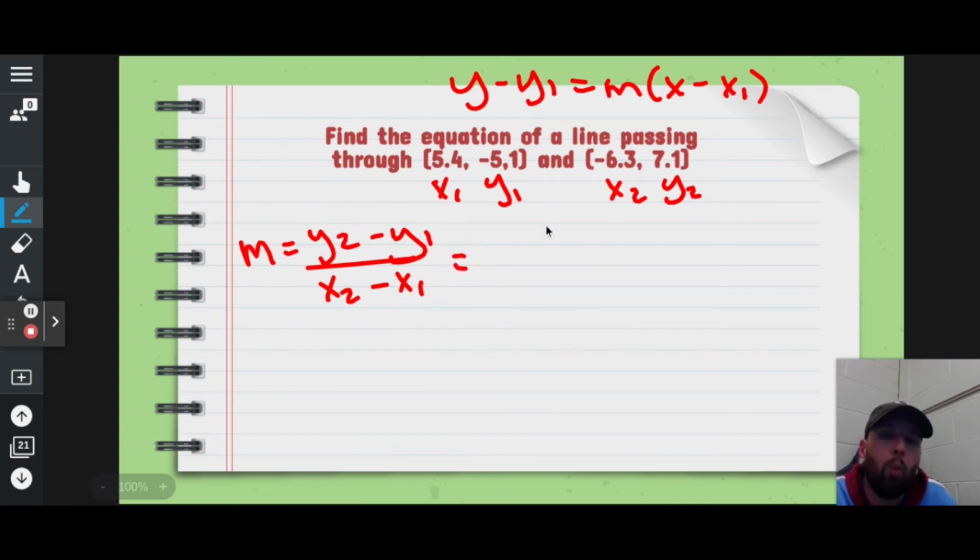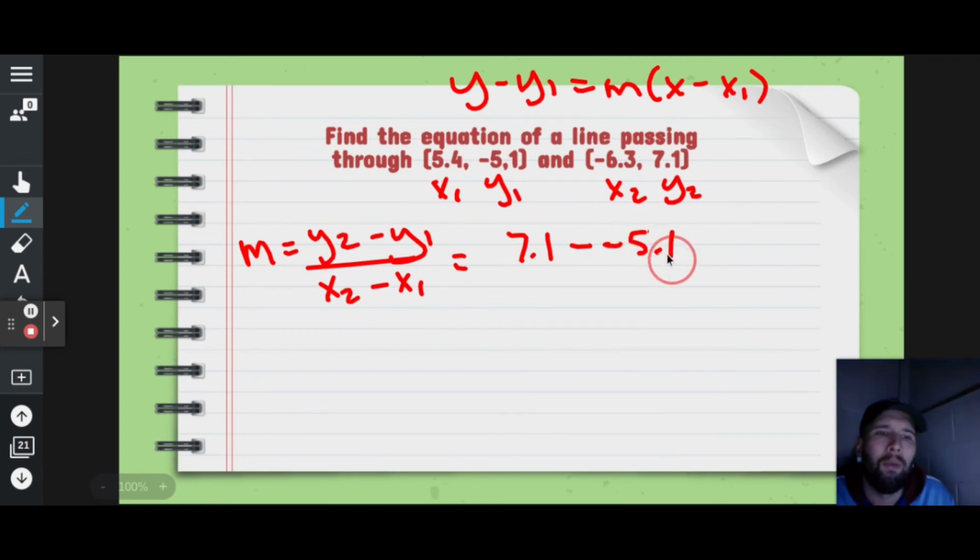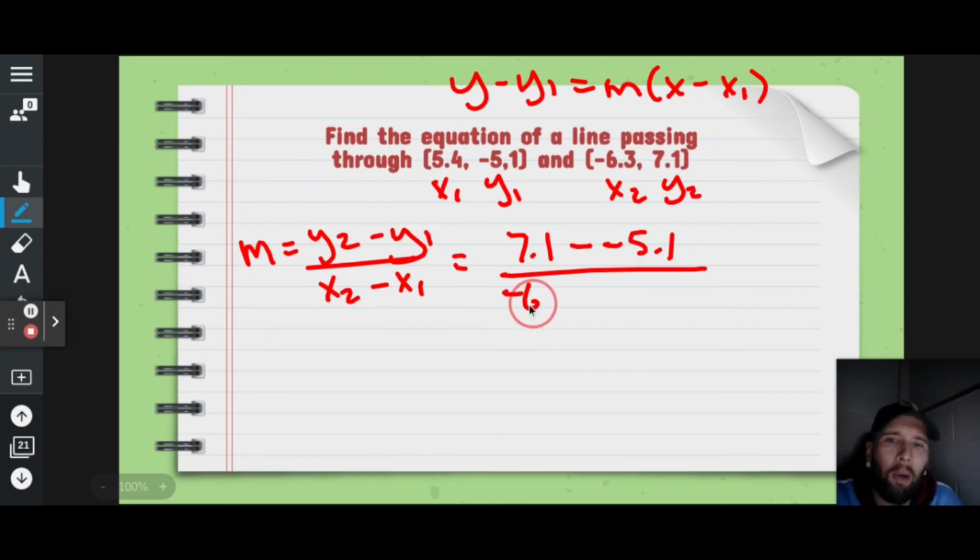Plug them in. Y sub 2 is 7.1 minus y sub 1 is double negative 5.1. The lights in this room literally just went out, so I'm in night mode. X sub 2 is negative 6.3 minus x sub 1 is 5.4.